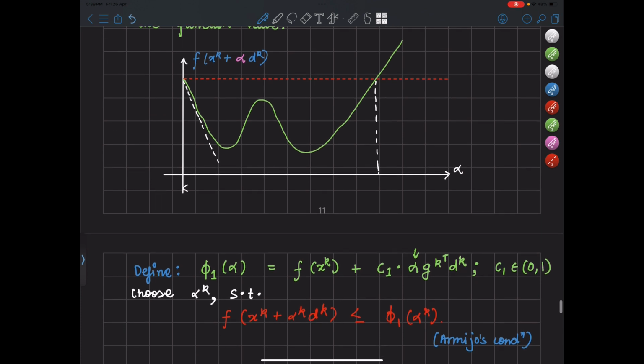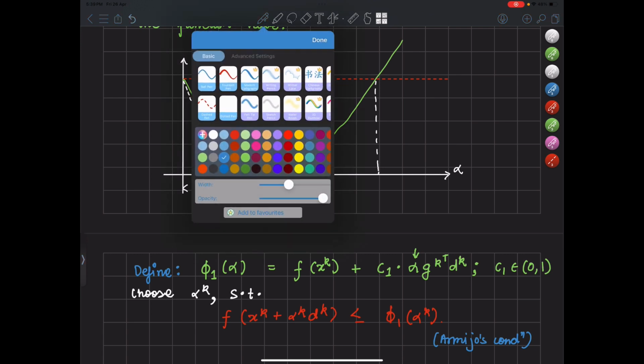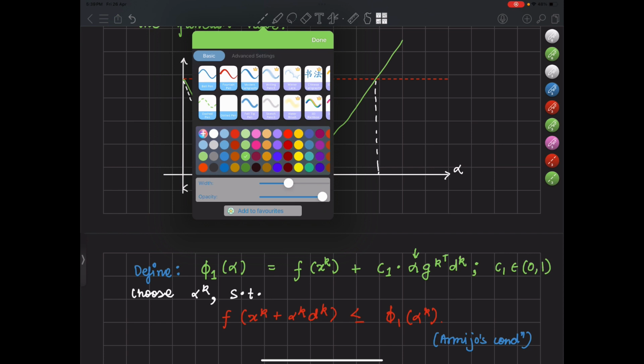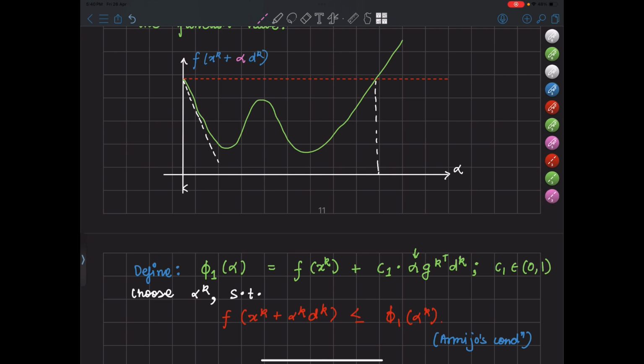Let me see what this condition is saying. Let me take some other color. So let this denote the function phi1(alpha).